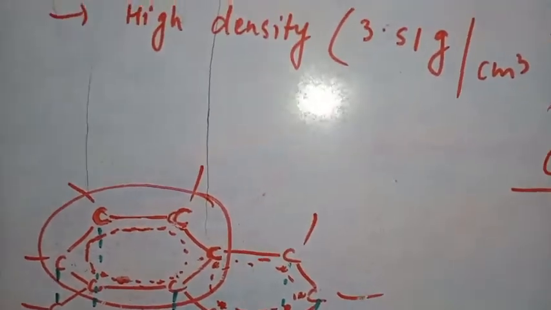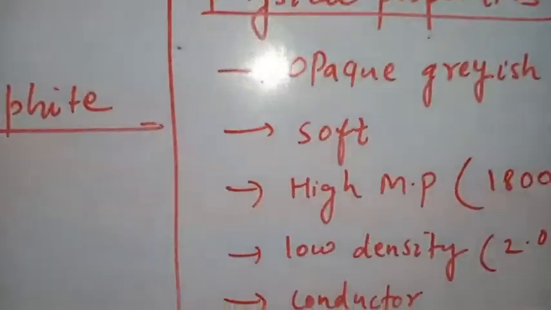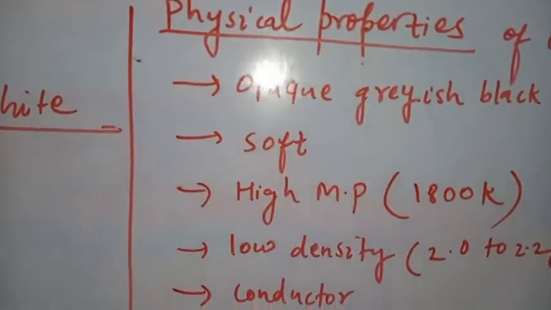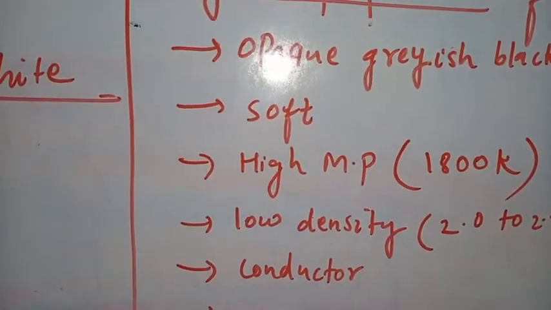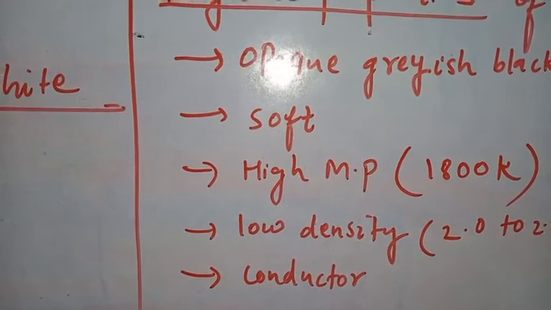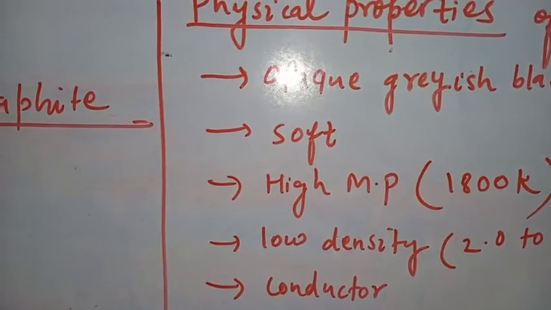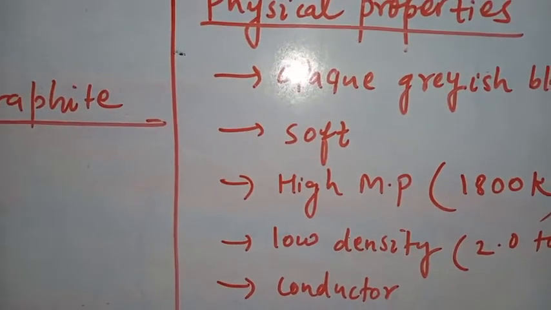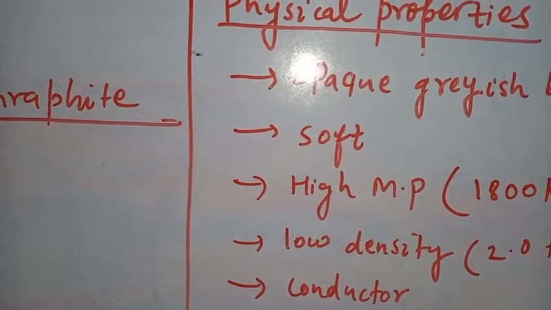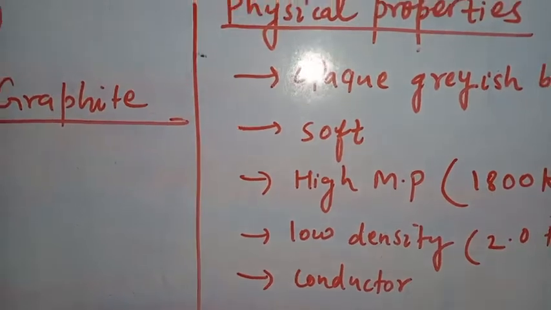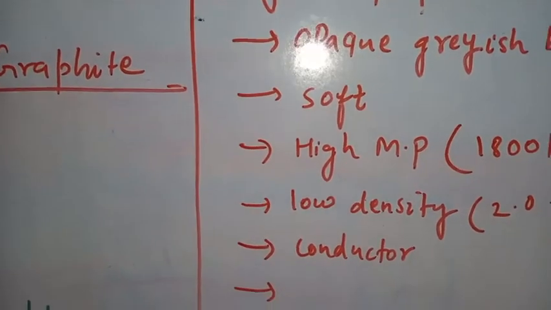Because of the free electrons, graphite acts as a good conductor of heat and electricity. Understood? So if in the question it is asked why it acts as a conductor, you will write: due to the presence of free electrons, graphite conducts electricity and heat. And it is called a good conductor of electricity.